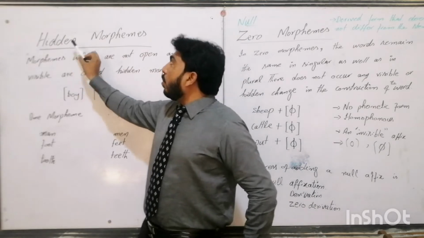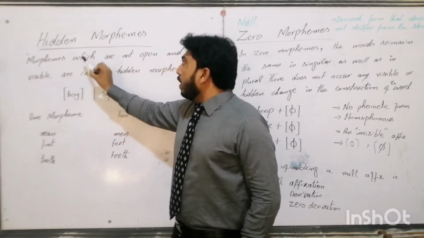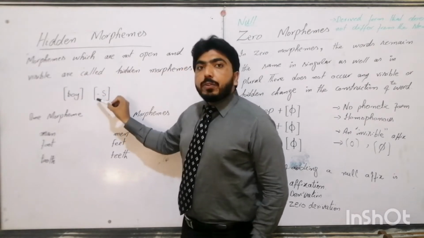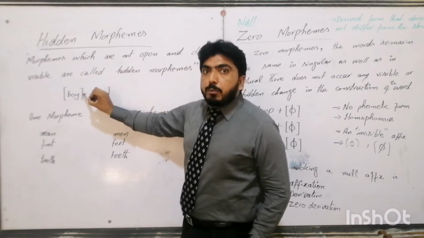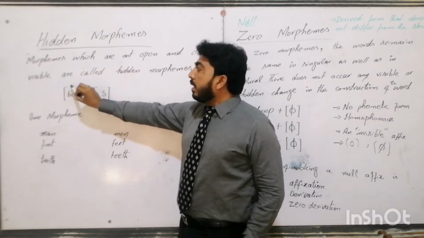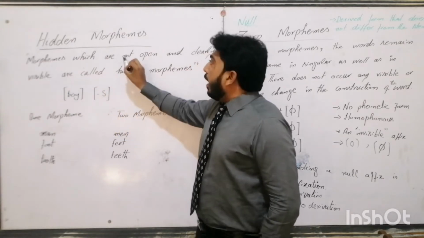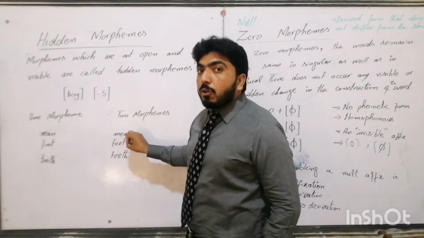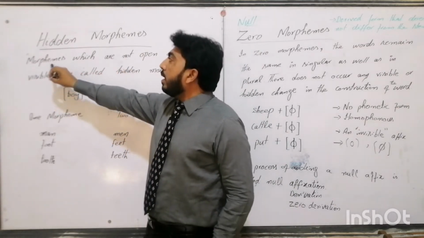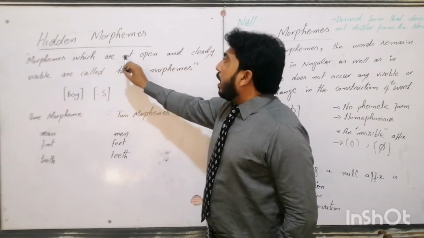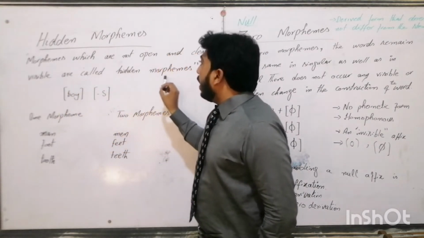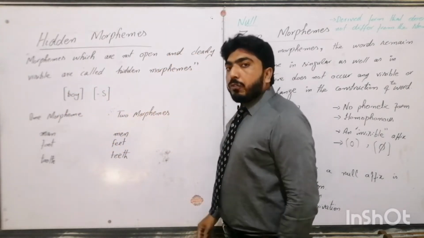This is the definition of hidden morphemes: morphemes which are not open. The morpheme is open in the case of boys when we make singular to plural, but in the case of men the morpheme is not open and clear. This is what I am saying, that morphemes which are not open and clearly visible are called hidden morphemes, right?